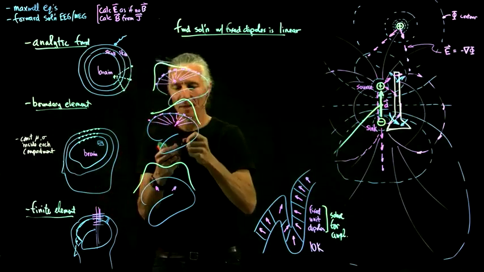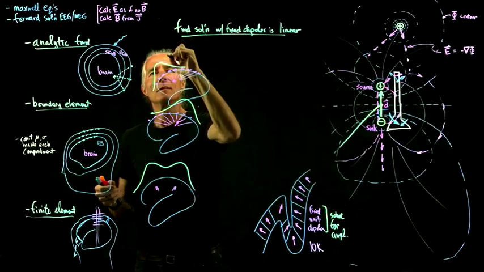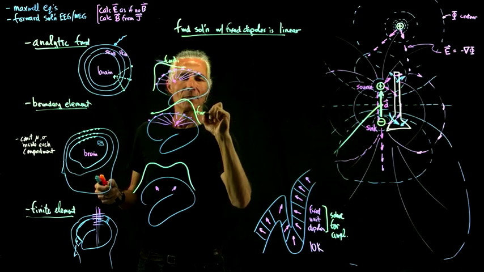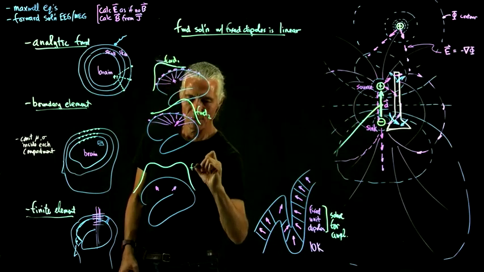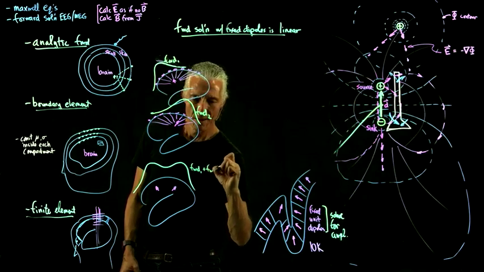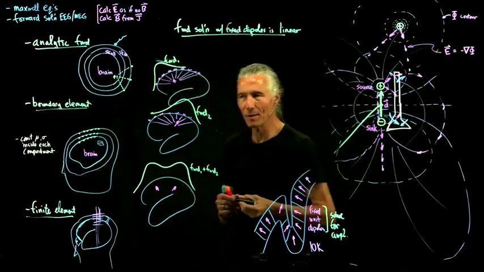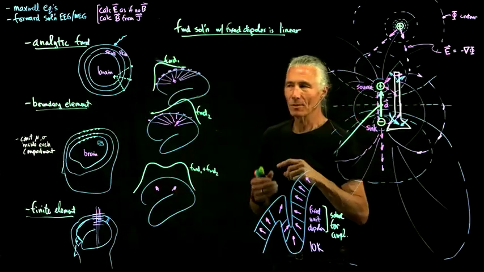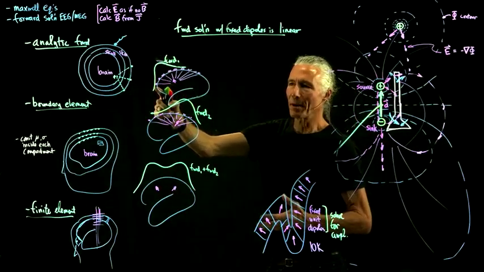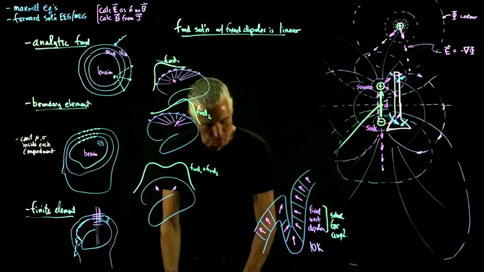The total is just forward 1 plus forward 2. So that simplifies our life. We only have to calculate the forward solution once for each dipole-sensor pair, and then it's fixed for all time.